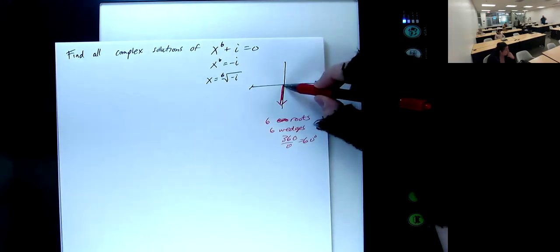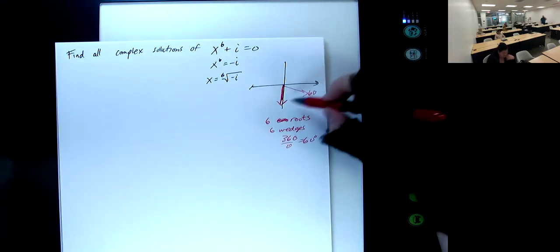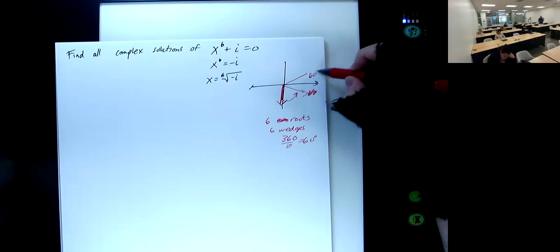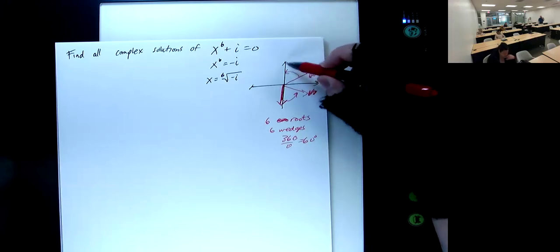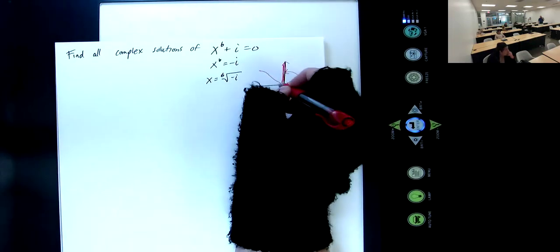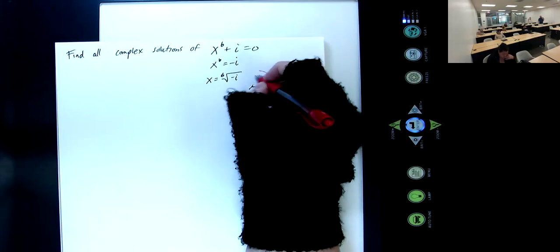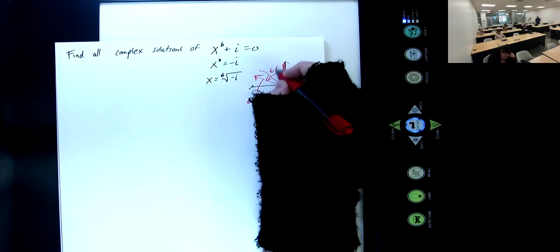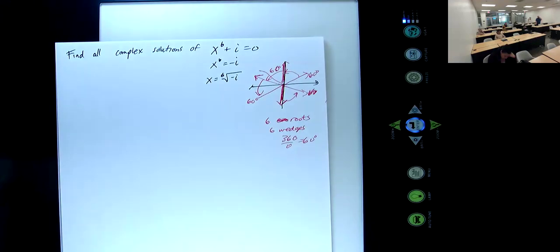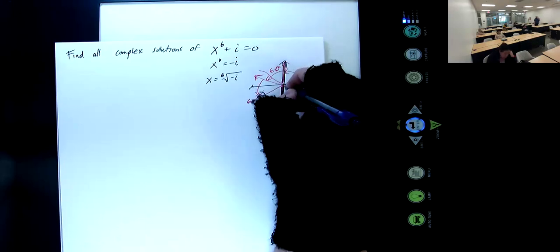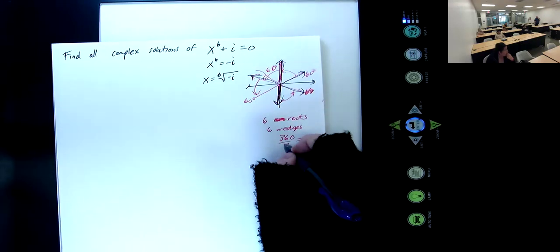Just rotate 60 degrees from there, and 60 from there, and 60 from there, sixty from there, and 60 from there. When we're done solving this problem, we should be able to get those right there. We can just know that that's going to be 60 degrees for each wedge because 360 divided by 6.